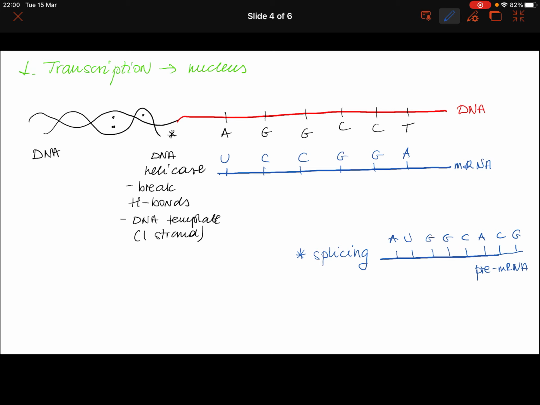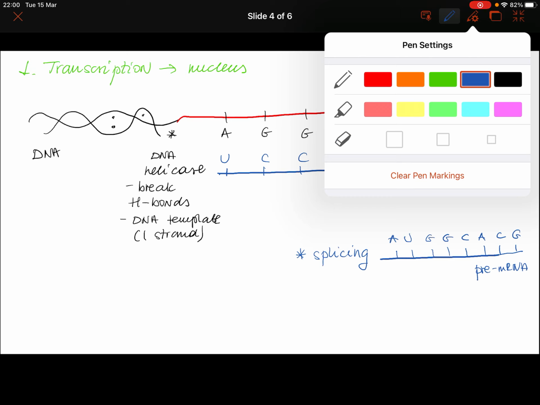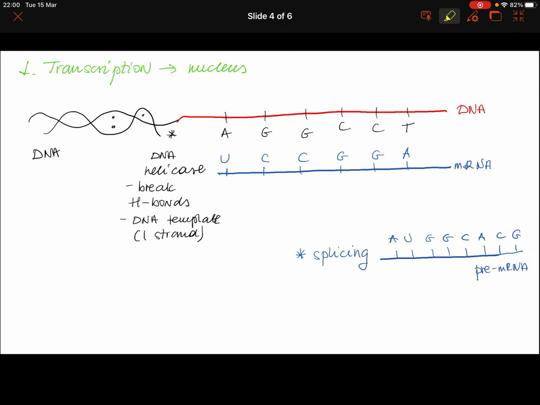Because there are non-coding sequences, there are introns here. They've used the sequences of introns on DNA to obviously appear in our pre-mRNA. So for instance, those here are not going to be useful in the process. So I'm going to splice them out. I'm going to remove them.